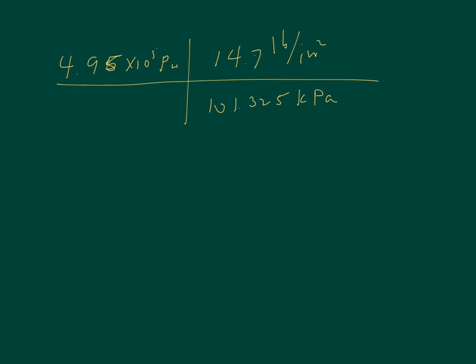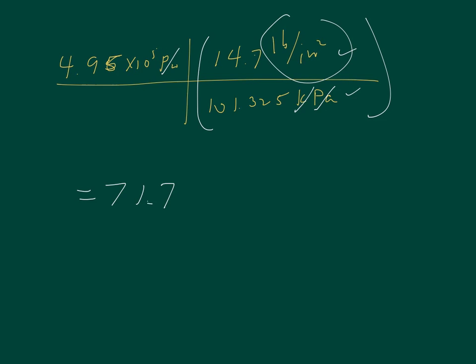So I have atmospheres over atmospheres, so this is really just multiplying by 1, but it does give me the units I want. The pascals cancel out, and I'm left with pounds per square inch, and I get 71.7 pounds per square inch.